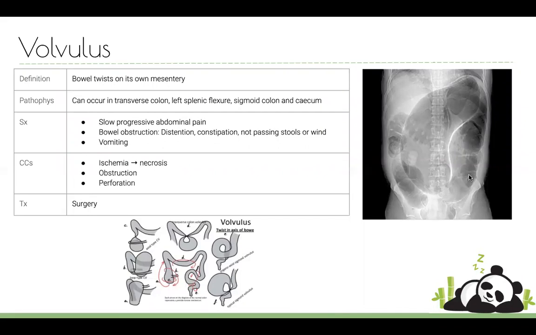So your sigmoid colon is sitting along here, and you can see that this big loop starts and ends on the left side. So you know that's a sigmoid volvulus. And the big sign, they call it a coffee bean sign. If it starts on the right side, then it's usually a cecal one, because your cecum is here.